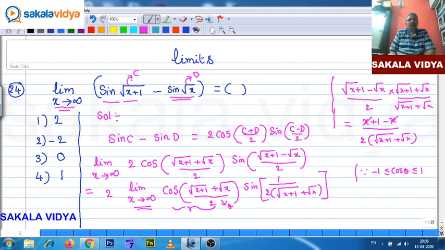That means the value of cos oscillates between minus 1 and 1 and attains a finite value. Whereas here infinity plus infinity is infinity, so we get 1 by infinity, which becomes 0.